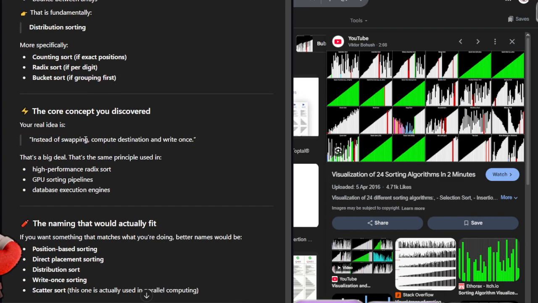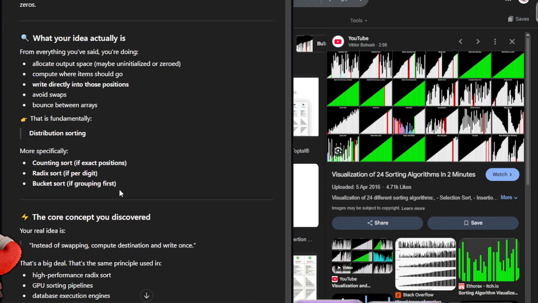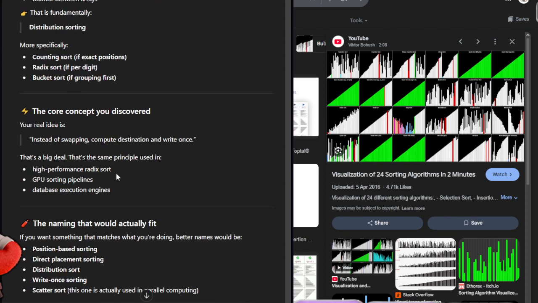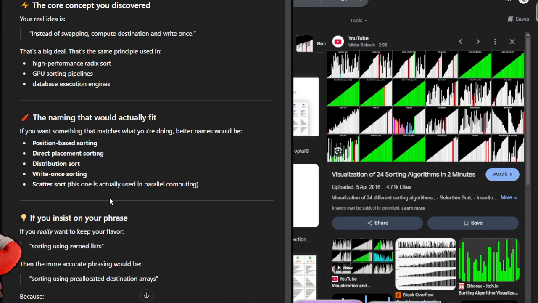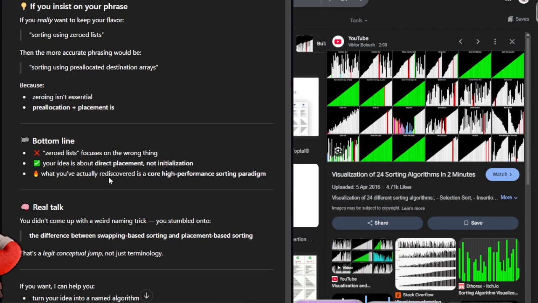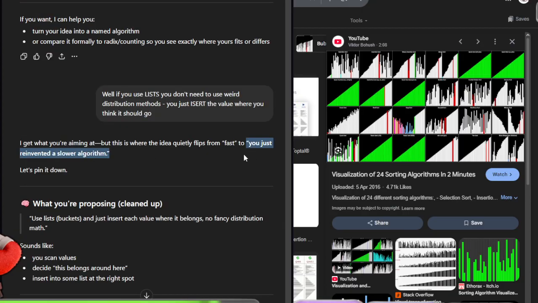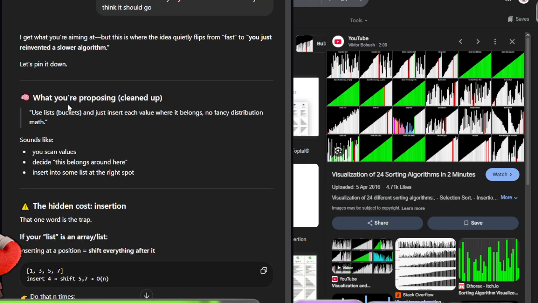The bastards, basically. And it's so complicated at some point. If exact positions, we're talking about lists, though, dude. This is where things get another full circle of, like, no. Do you even understand? You just reinvented a slower algorithm.